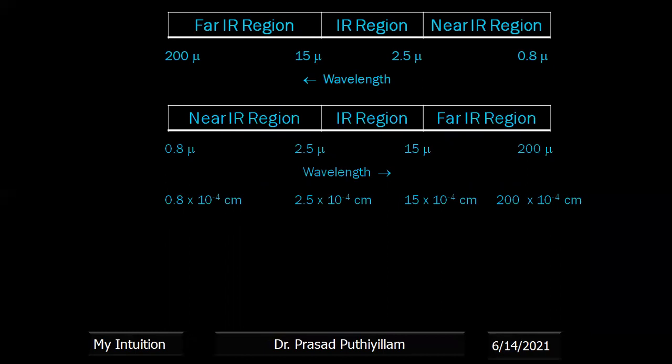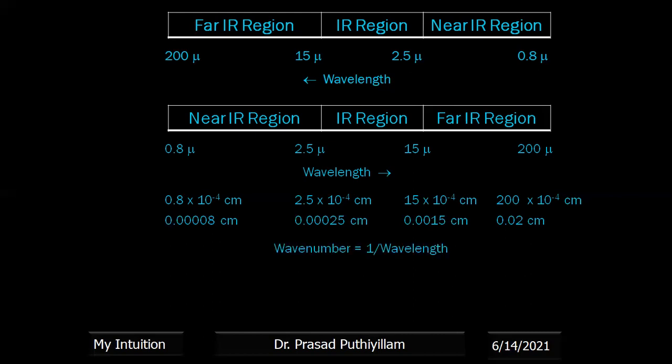Rewriting, 0.8 into 10 to the minus 4 means placing four decimals before 8, which becomes 0.00008. Like that, it is 0.00025, 0.0015, and 0.0200 centimeter.